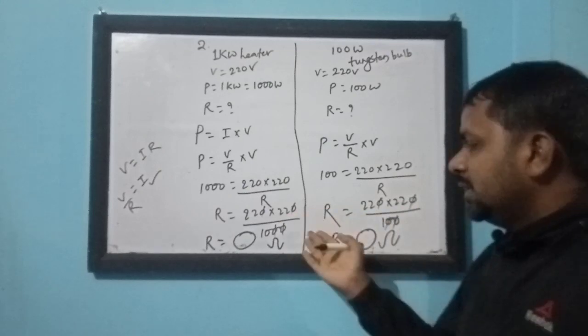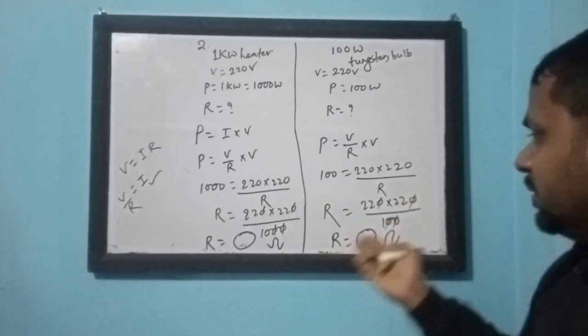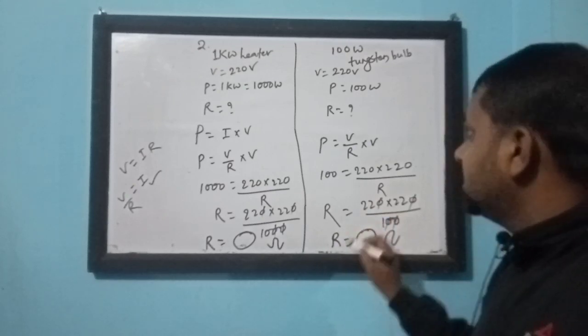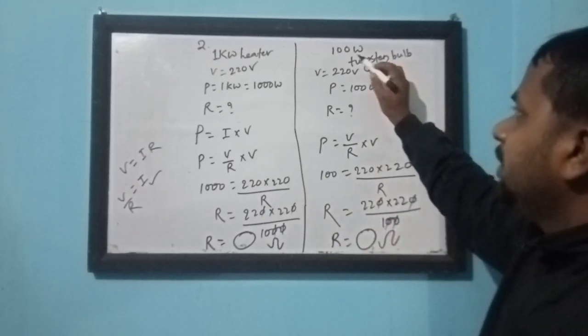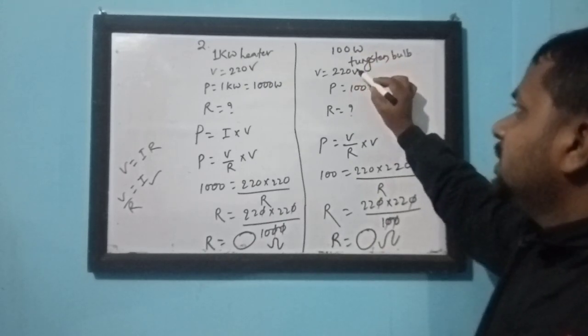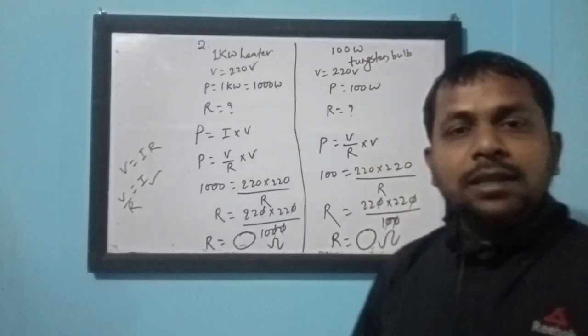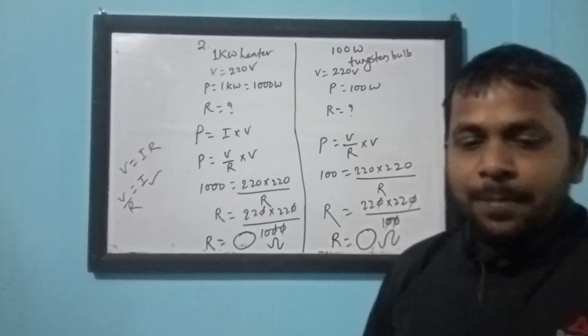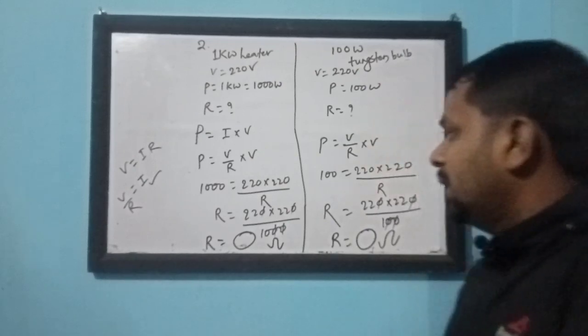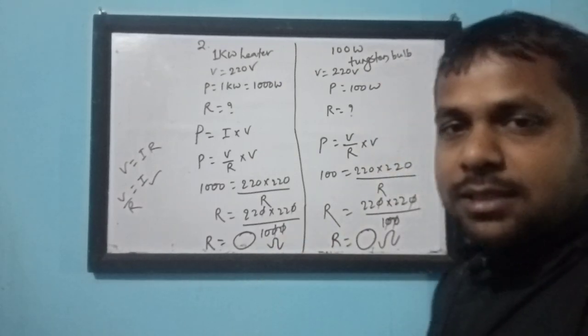When you observe this, when you calculate, you will find that this value is more. This resistance is more. Even though it has less power, this instrument has very high resistance. You can find out by using the calculator, and compare whose resistance is more.